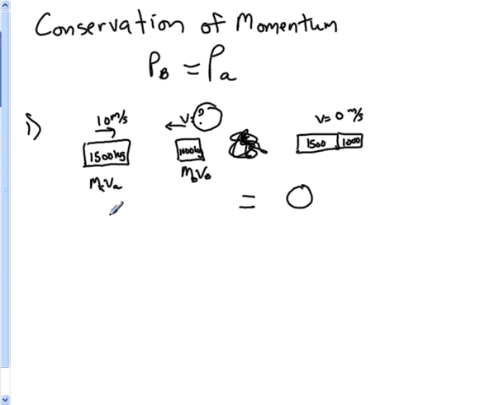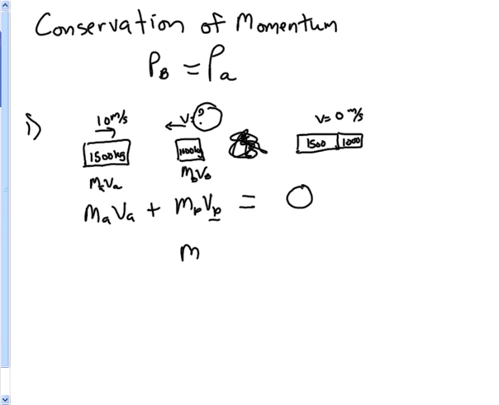But we know that if you add them together, so MAVA plus MBVB, when you add them together, they have to be equal to 0. So we know that this velocity here has to be a negative number because it's going the opposite way, but we're actually going to let the math do that for us. If we're looking for VB, then we're going to take this term to the other side.